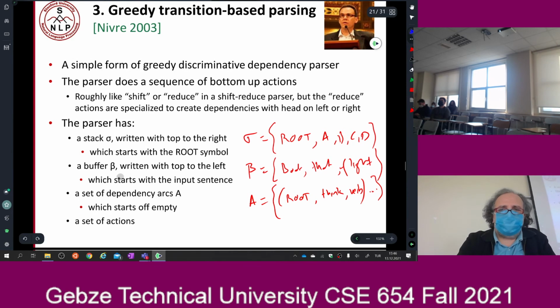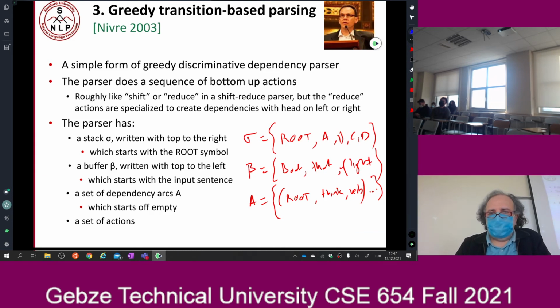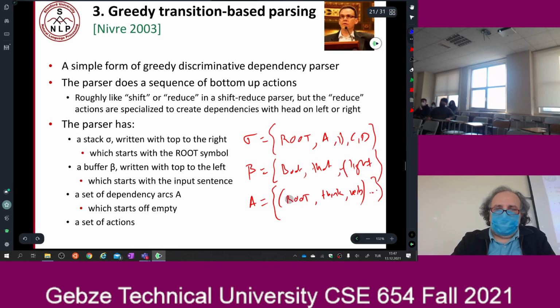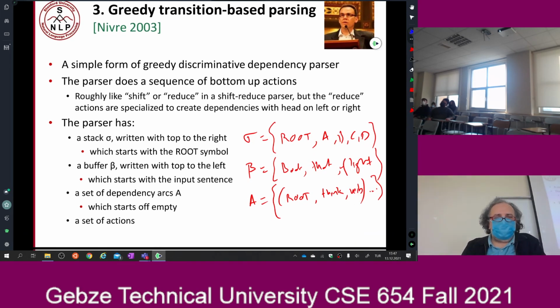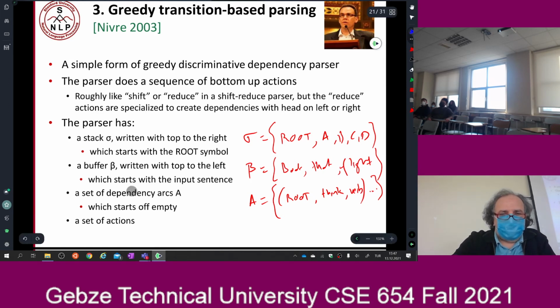Beta is our buffer. It contains our words: book, that, flight. And dependencies are like this: there is a relationship between root and book, and the relationship name is verb. So these are the four things that we are going to look at.